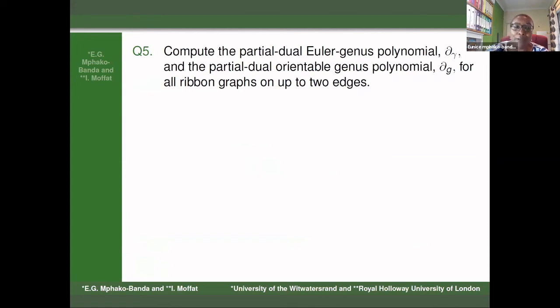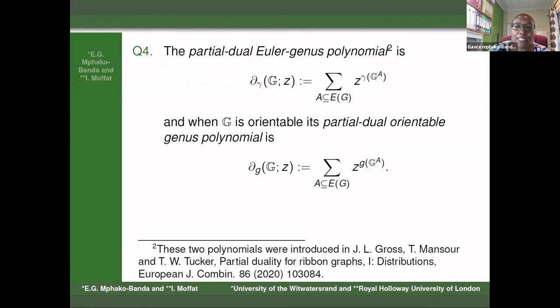If I take you back, we are taking all the subsets of the edge set. So if you have three edges, you have a lot of subsets. We are saying, okay, just try with 2 edges so that you don't have a lot of subsets which you are summing. So it is doable.